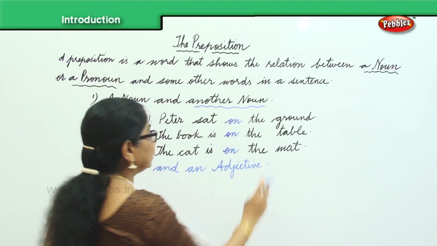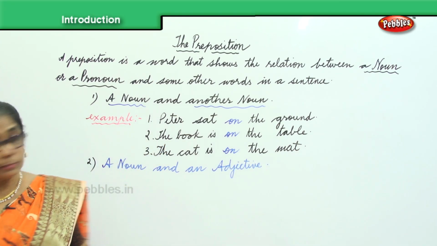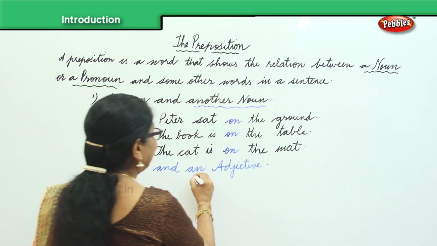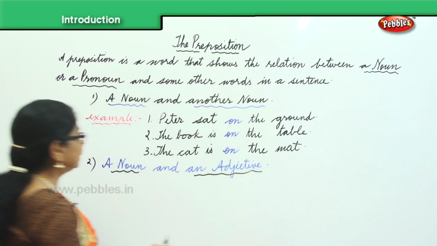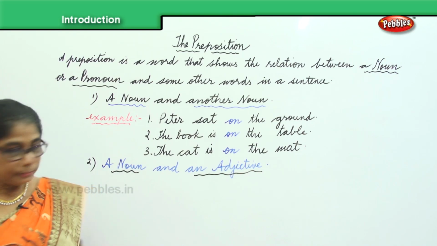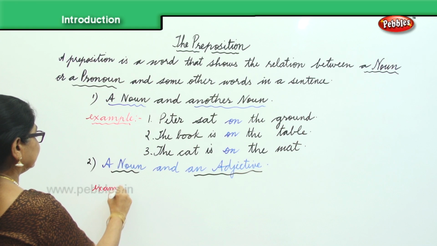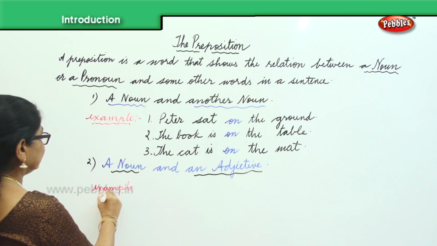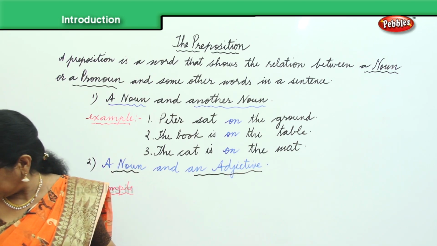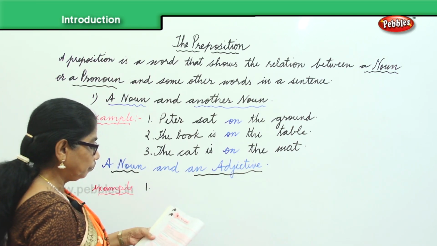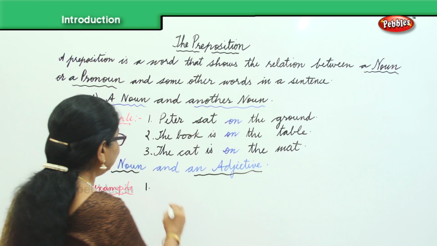Now let's look at that. A noun and an adjective. Example. Okay, let's look at the example here. The first one we have here is, she is fond of pets.